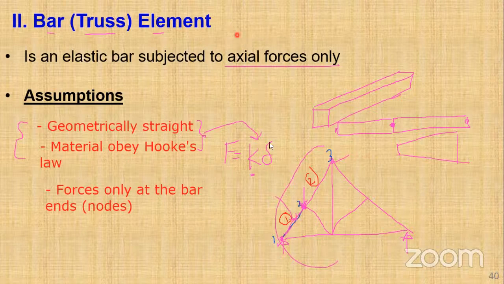I'm differentiating between a truss structure and a truss member or element. Elements are the components of the overall truss. If you take just one of them, then we refer to it as a truss or a bar element. And you are going to see how we formulate the equation for this kind of element.